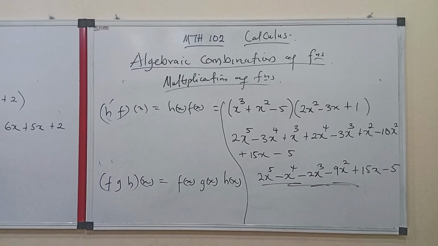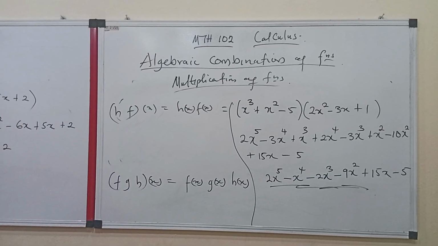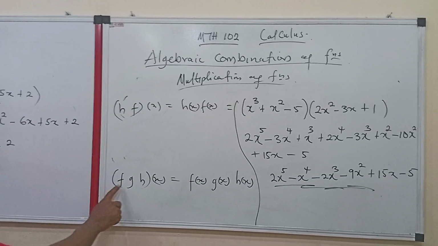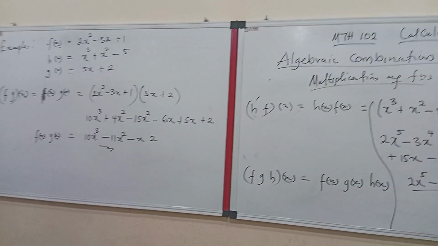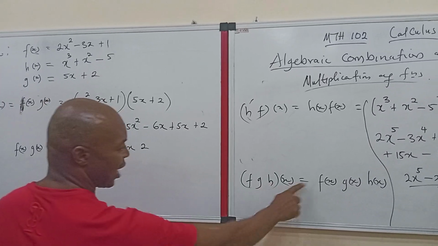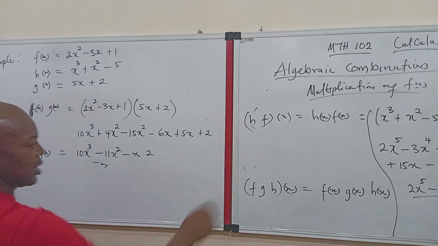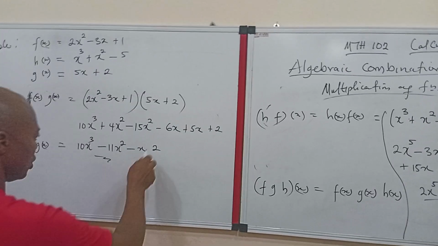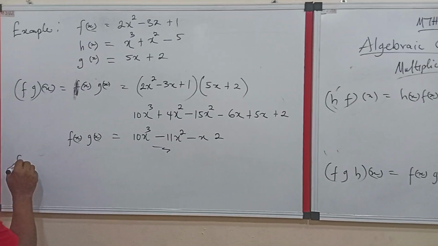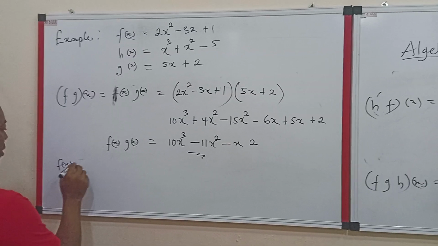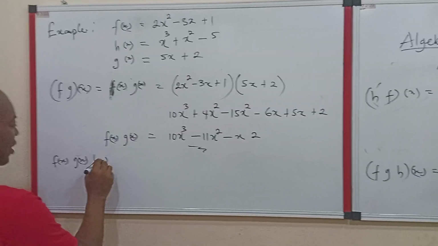Then lastly, we can also do business with this one where the three terms are. First of all is this to this, which we have done here, and we have the answer as this. The next thing is for us to just add h. Already we have done this and this, which is this. Then the next one is just to add h. So if we add h to this one, meaning that we are saying f of x, g of x, h of x.